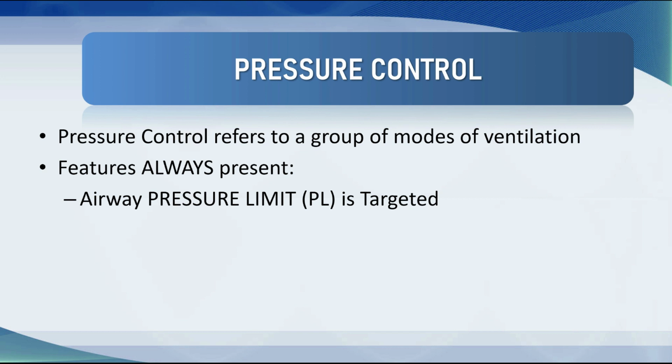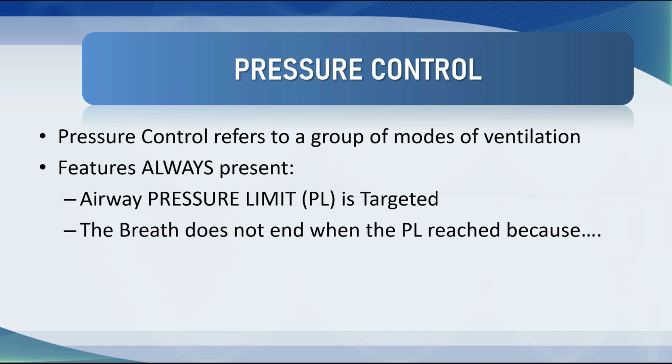And when you target an airway pressure, the tidal volume will always vary. It doesn't matter if the manufacturer of the ventilator claims that it can guarantee a tidal volume with that pressure limit. It always varies. It can't not vary because the patient changes position. The chest wall compliance changes in all kinds of different ways. So airway pressure limit is targeted.